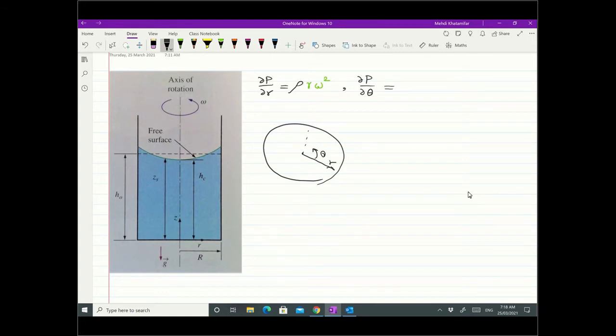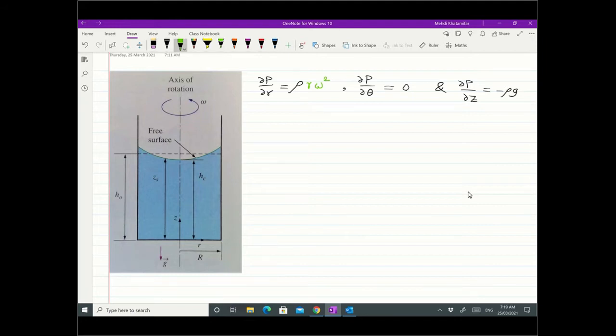For that one we're not going to have any acceleration, so the derivative of p over theta is going to be 0, and for p in the z direction, which is vertical, we are going to have a negative rho g. Okay, so these are the derivatives of pressure over our main axes r, theta and z.